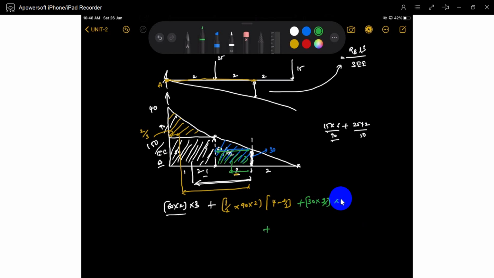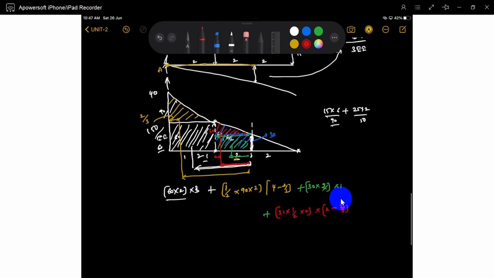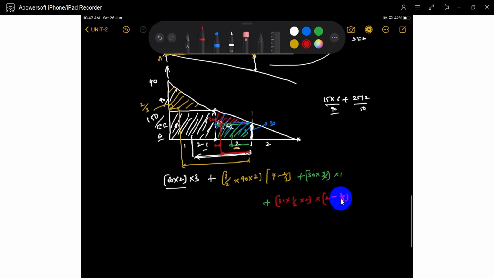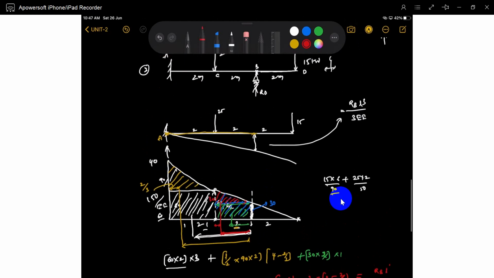Next you have to choose this area. That is also 30. 30, 60, no? So 30, 1 by 2 into 2, triangle. And also deflection. So 2 minus 2 by 3. What is the distance? This is 2 by 3. 2 minus 2 by 3. That is the total deflection, so it is equal to RB. What is the distance? So this is a 4, no?